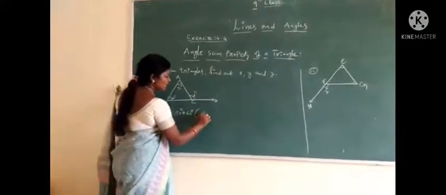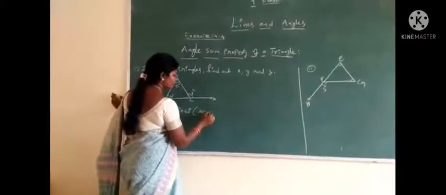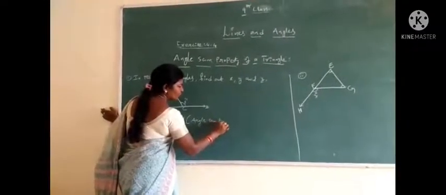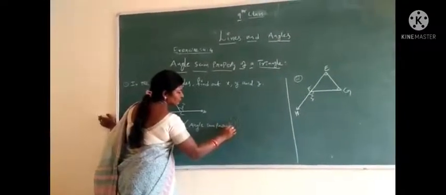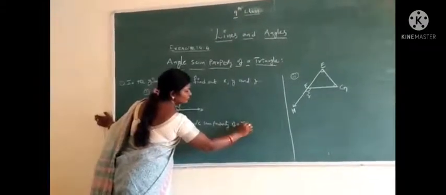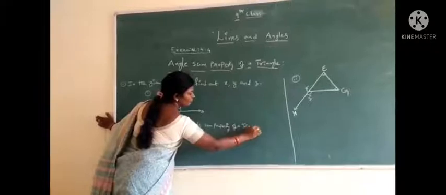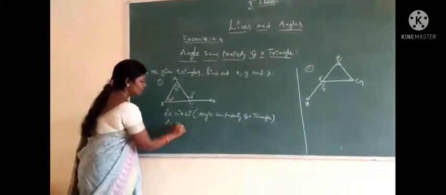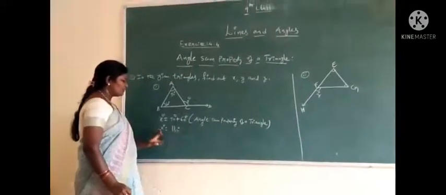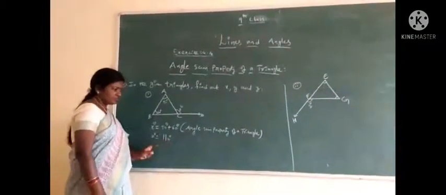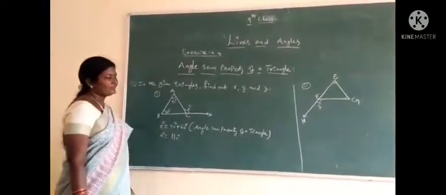Because of the angle sum property of a triangle. So 110 degrees. So x angle is 110 degrees. This is the final answer.